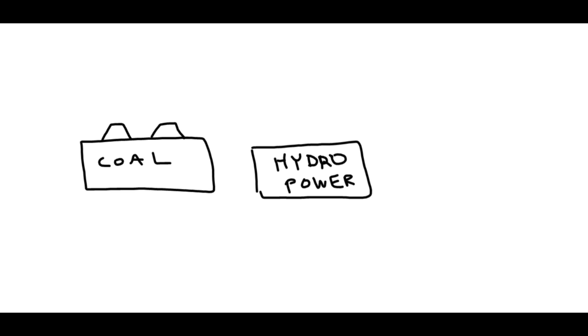Hydroelectric power plants have two different basins of water. There's the reservoir on top, and then the river or the collector or some lower reservoir. Now, the way it works is we funnel the water in the reservoir down to the river.